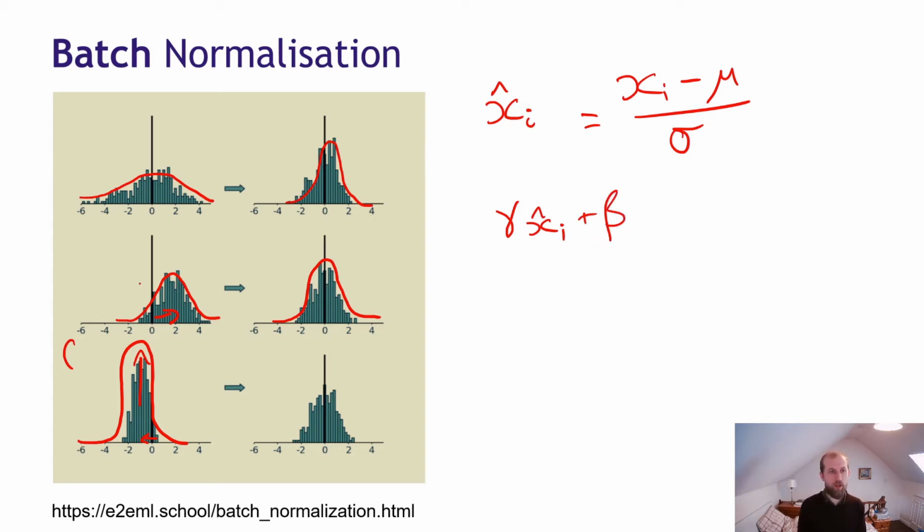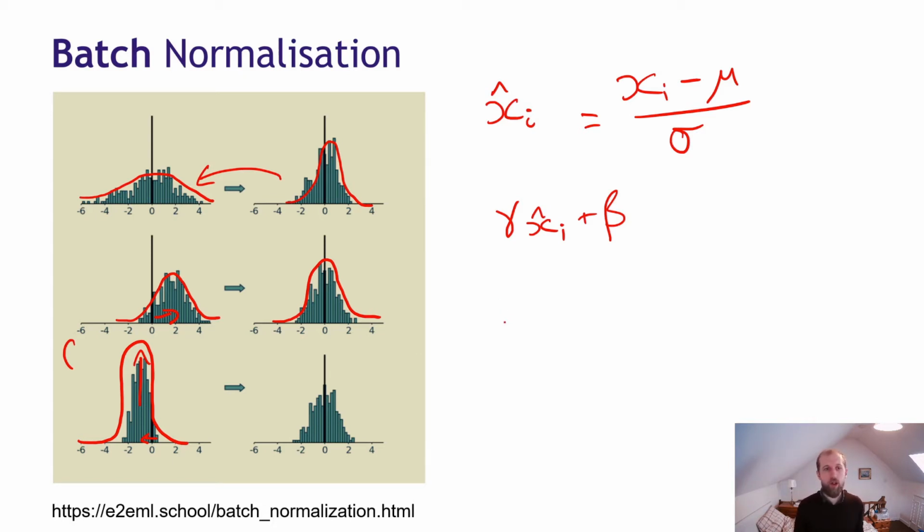The scale term depends on how flat or how pointy this is, and the shift term is going to decide whether it should be on the right or the left. So we give the network the opportunity to go back from this representation to this one if it feels that it's worthwhile. Rather than forcing the network to do something ourselves, we stay in the spirit of neural networks and allow the machine to decide what is best.